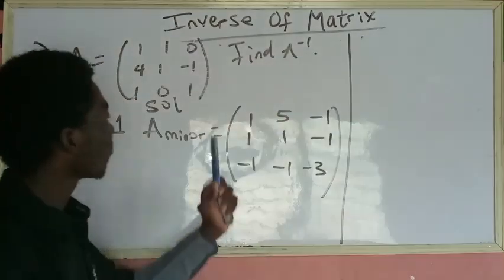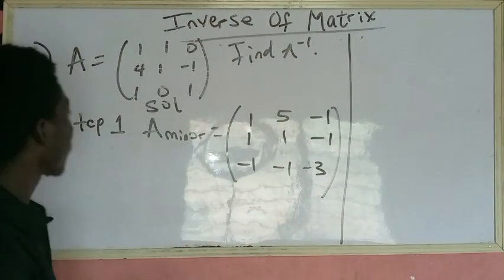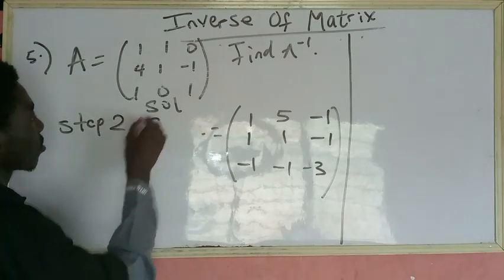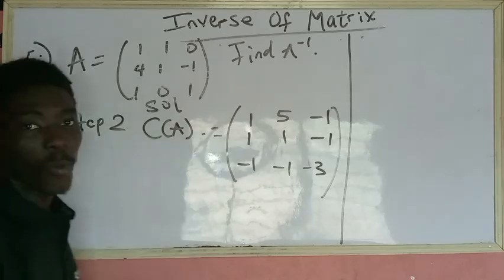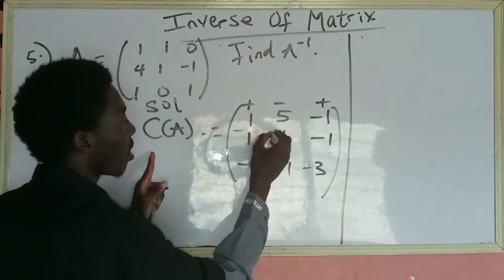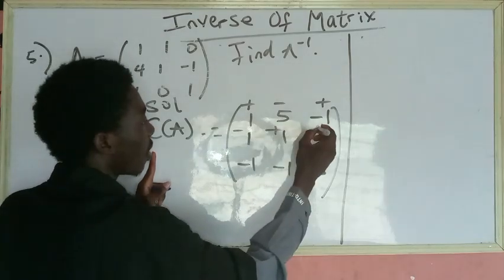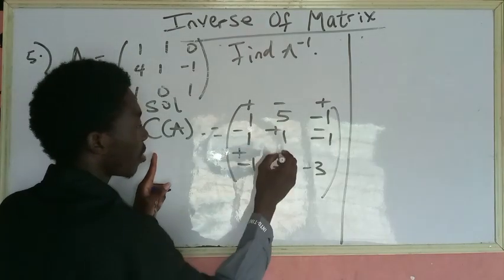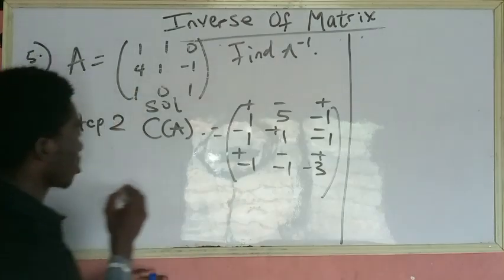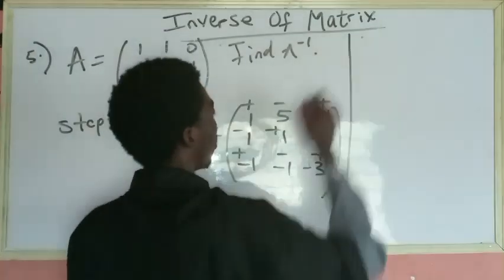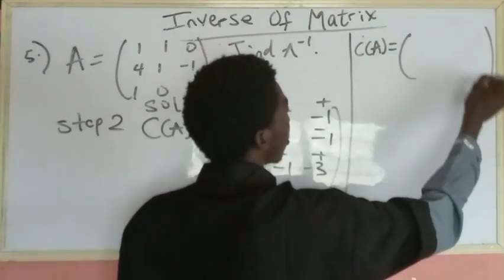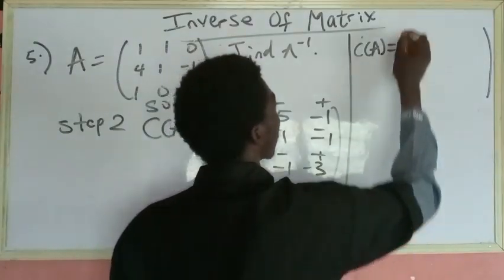So in that case, let's find the cofactor. Step 2. Cofactor of A. What is the cofactor of A? I'll put plus, minus, plus, minus, plus, minus, plus, minus, plus. And in that case, the cofactor of A will be equals, let's check that out.